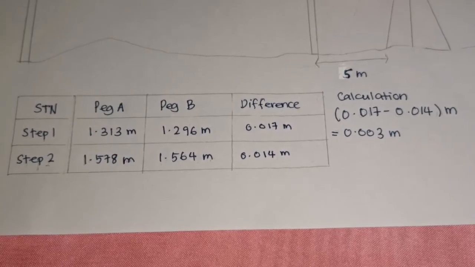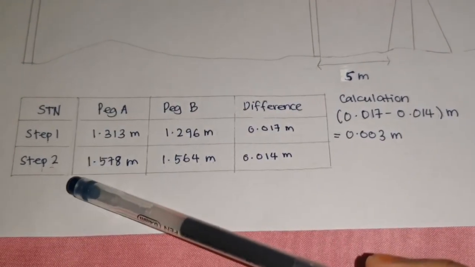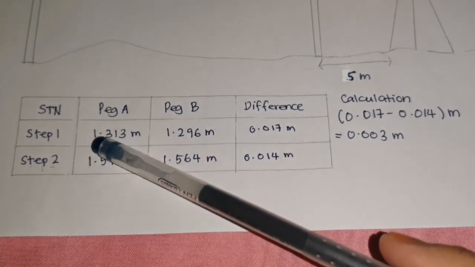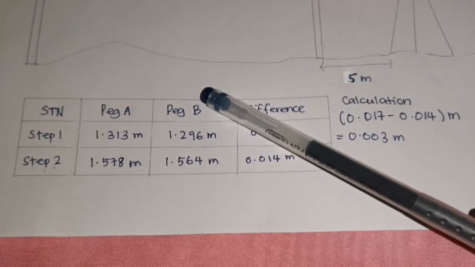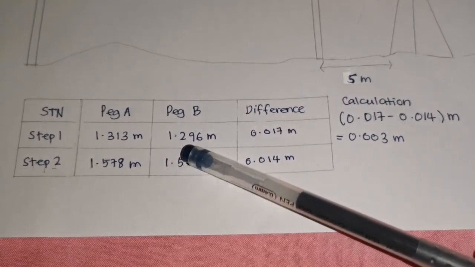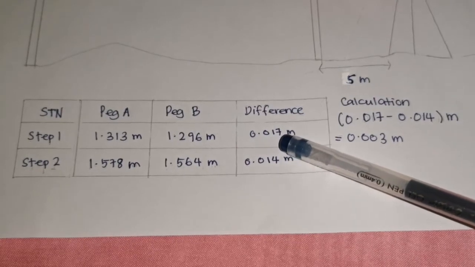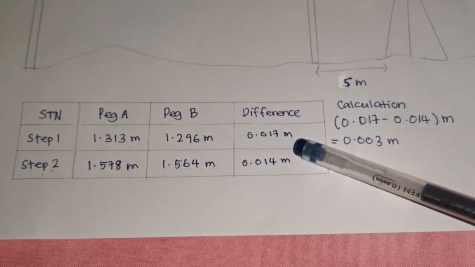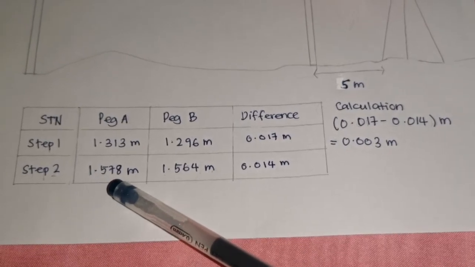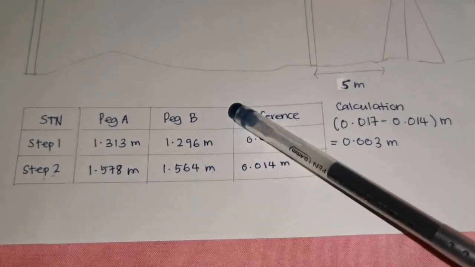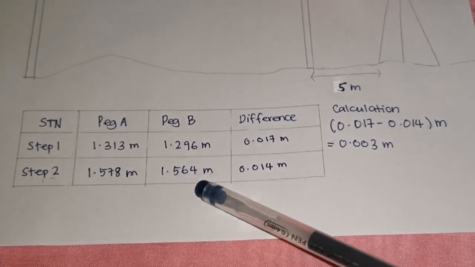After that, the difference for step 1: peg A 1.313 meter minus peg B, that is 1.296 meter, equals 0.017 meter. And for step 2, peg A is 1.578 meter and peg B is 1.564 meter.